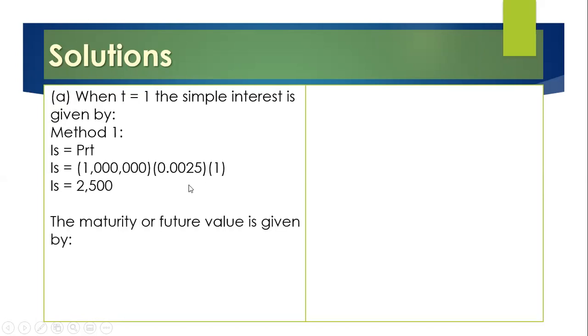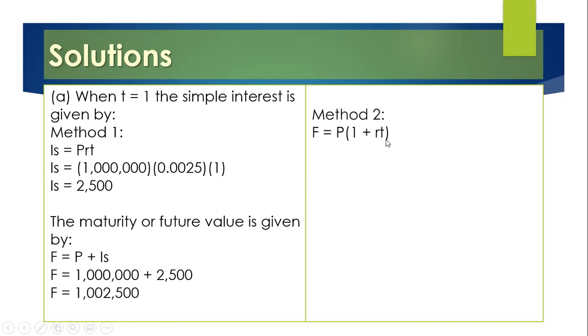Okay, so by using the formula for the maturity value, F is equal to P plus IS or P multiply to 1 plus RT. So that is 1 million plus 2,500. Okay. So 1,002,500.